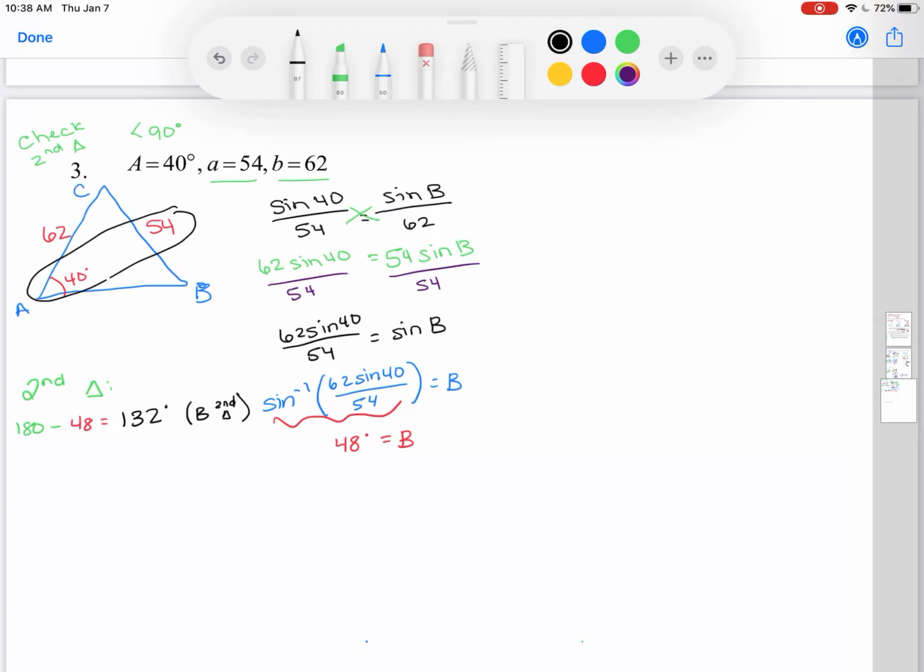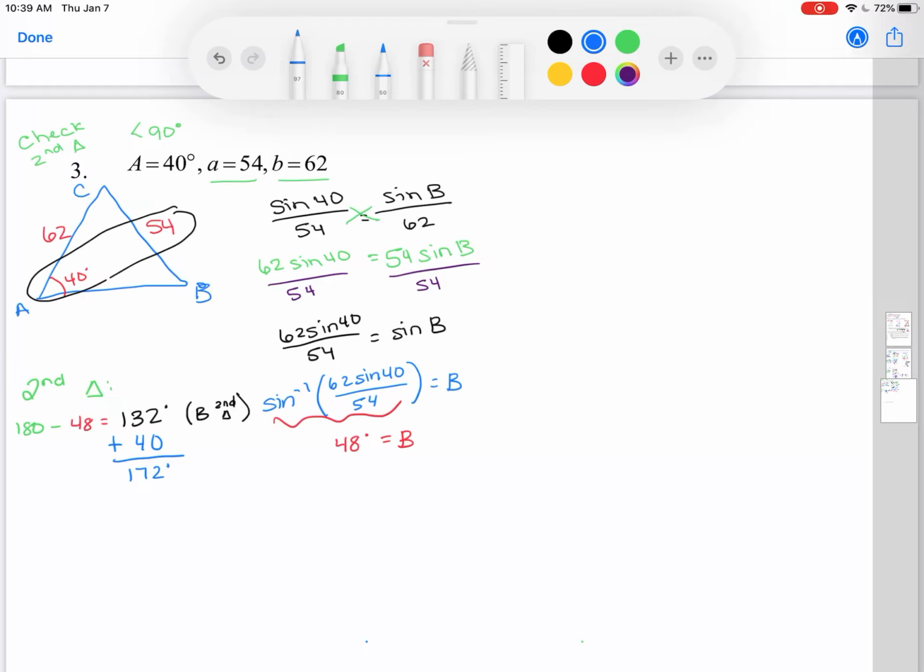All right. So we're not there yet. We don't know if we have a second triangle or not. So if my second triangle existed, my angle B would have to be 132 degrees. So then I would add the original A, which I know has to be the same regardless, and that's going to give me 172 degrees.